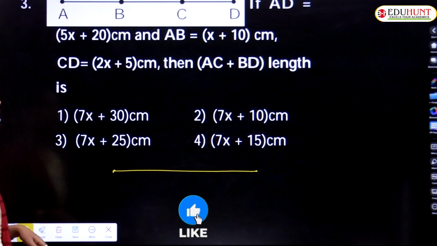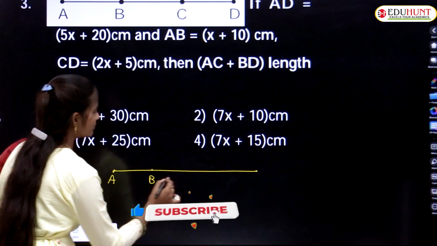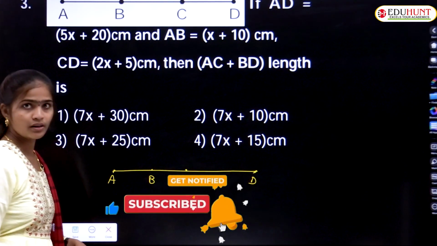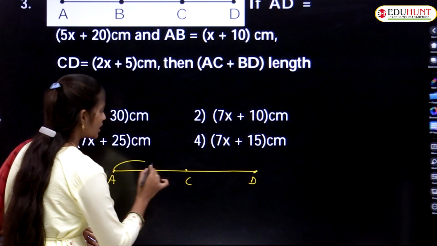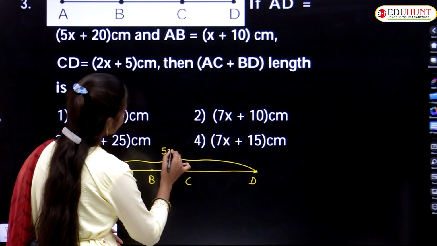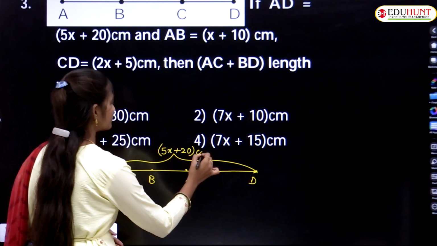So here again I am drawing A, B, C, and this is D. We just learned which measurements they have given. So here the total measurement is 5x plus 20 centimeters.